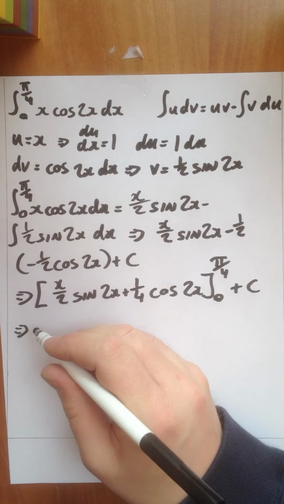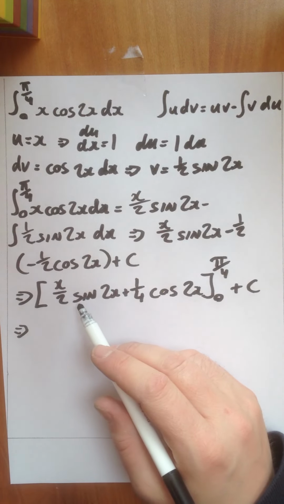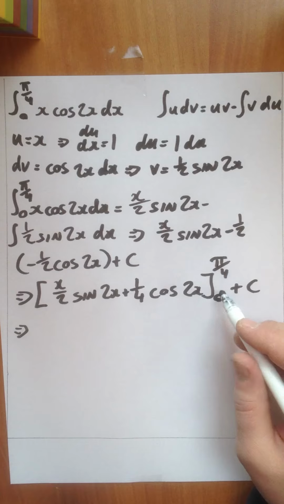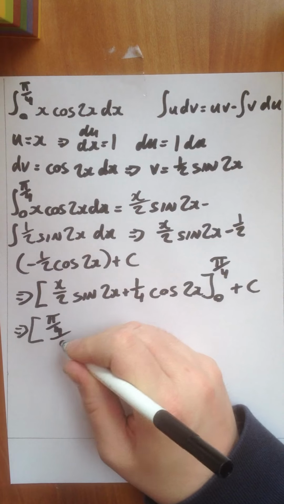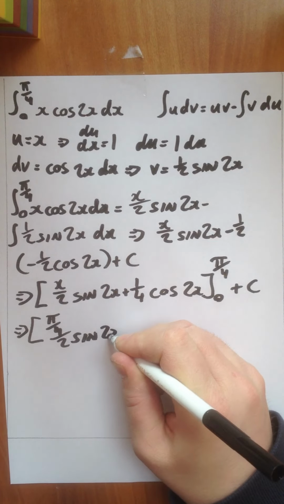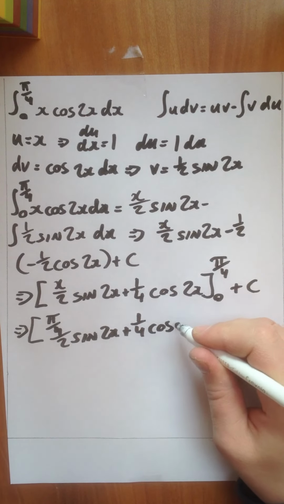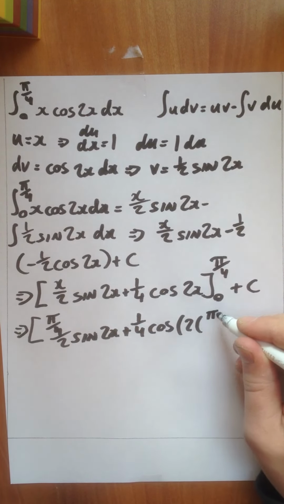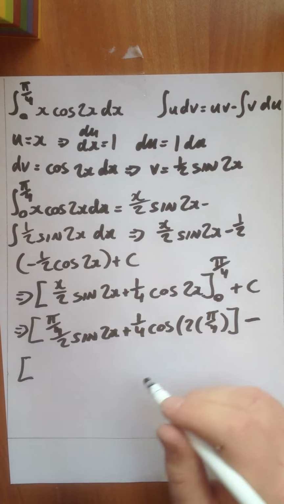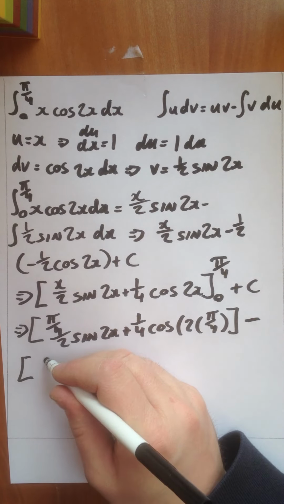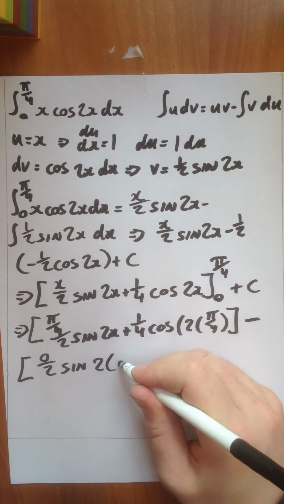When we work it out and sub in our values for x, we're taking pi over 4 and subbing it for x, and then we're going to put in our 0 value for x. So we put pi over 4 over 2 sine 2 times pi over 4, plus 1 over 4 cosine 2 times pi over 4 again for our x value, and minus, and then we put in our limit of 0, so we have 0 over 2 sine 2 times 0.